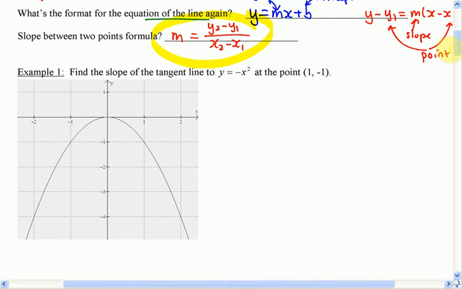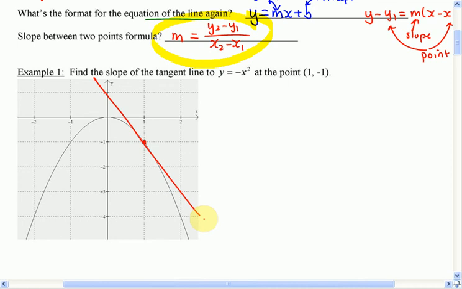On your notes, see if you can visually draw the tangent line. And I'll do it in red, okay? And this is a tangent that is at this particular point, (1, -1). And I'd like you to draw the best you can the tangent line here, okay? Maybe that doesn't look that good, but do what you can.